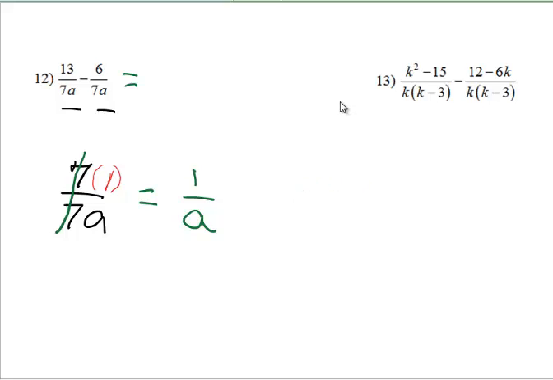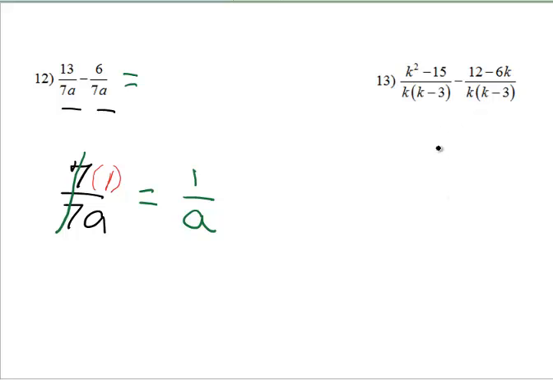Okay, let's take a look at this next one. Here we have, again, you notice the same denominator on both sides. And what I think we can do here, let's take a look at stuff, because we like to factor if we can. K squared minus 15. Tempting, but 15 isn't a perfect square. I could do something here with a 6, but I think I'm going to wait. So let's take a look at the next step.